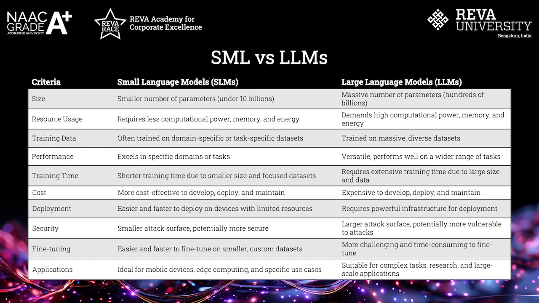Training time is much, much smaller over here, and LLMs definitely require a lot of time and resources. Cost also the same way. This is probably the most important point: deployment. Right? Everybody can access the large language models, but do you really have the hardware to deploy for your clients, for yourself, and use it day in, day out? Can you really afford that amount of cost?